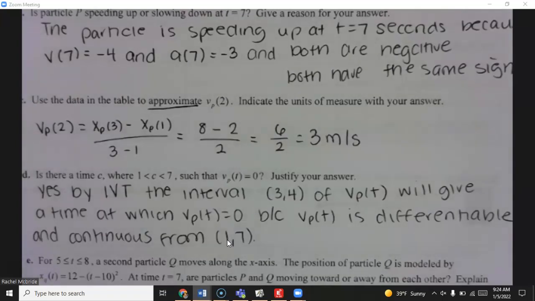And for safety, I would show what V of 3 is and what V of 4 is to show that there's a sign change.